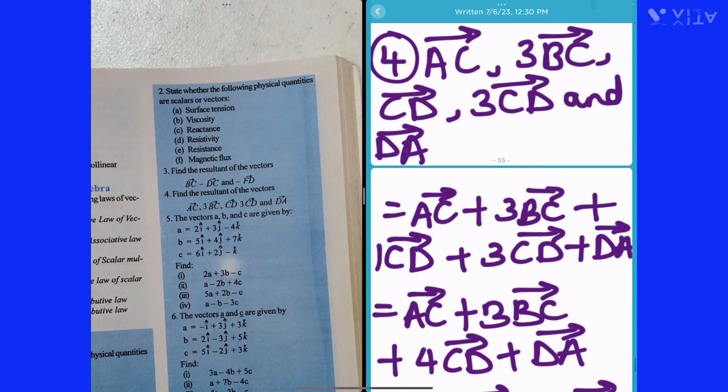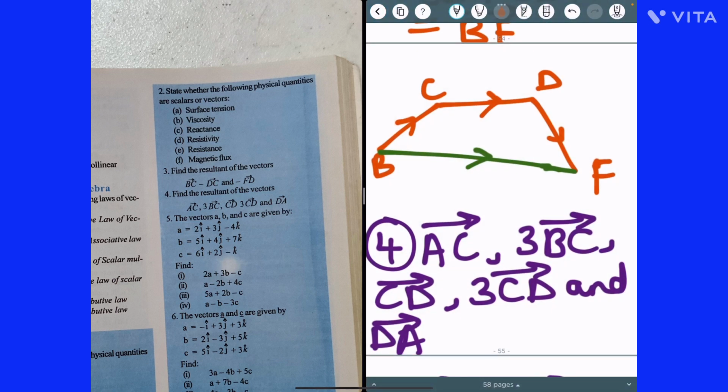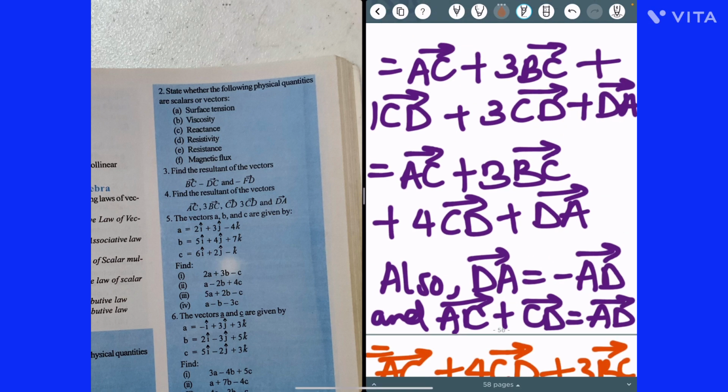Let me go over it again just to explain more. This is the question. AC plus 3BC plus CD plus 3CD plus DA. First thing you need to note here is that 1 CD plus 3 CD will give you 4 CD. So I did that here. Instead of having 1, 2, 3, 4, 5 vectors, I now have 4.